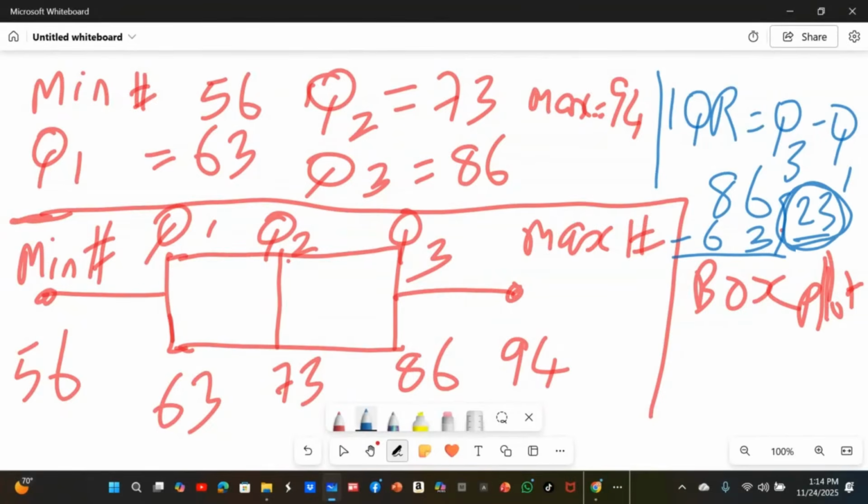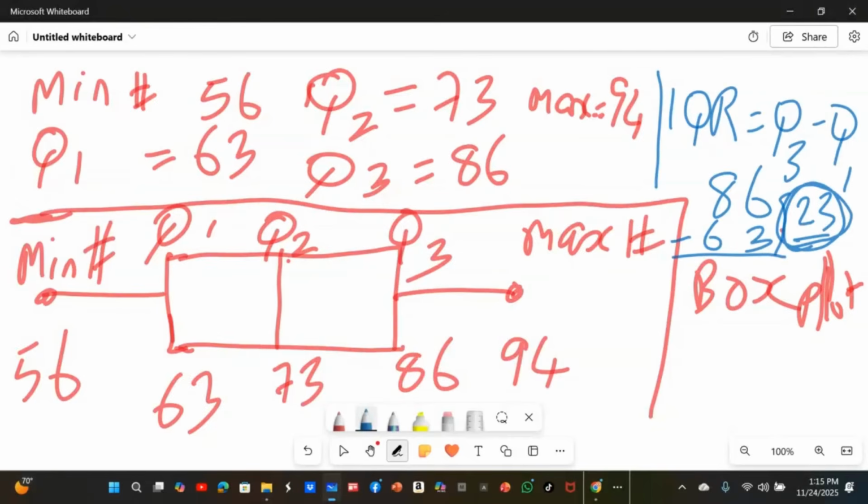So that is the interquartile range, IQR. The distance from the third quartile to the first quartile is the interquartile range. Okay. The next thing could be, let's see if there's another question there.